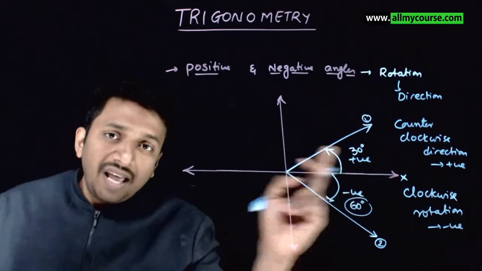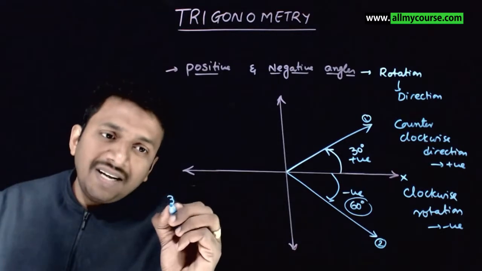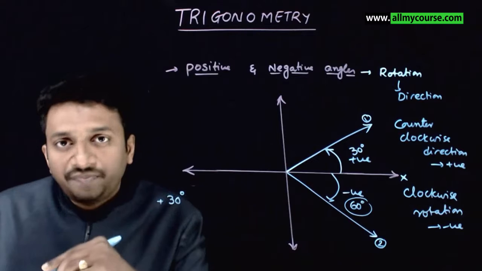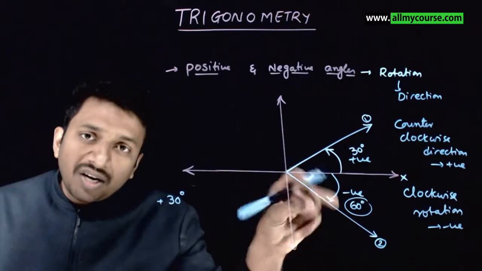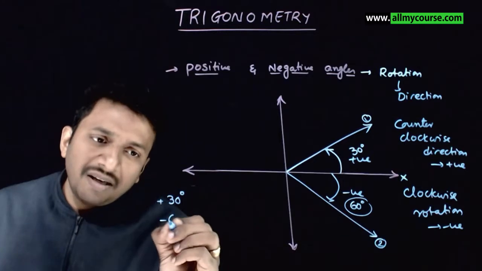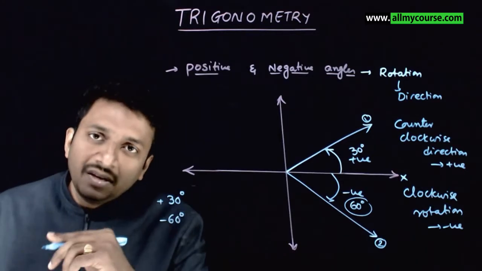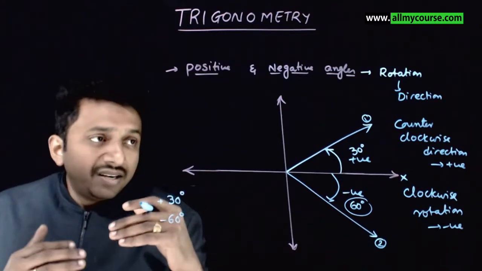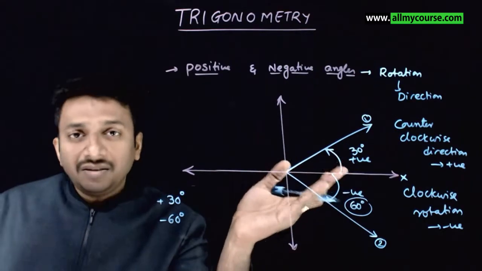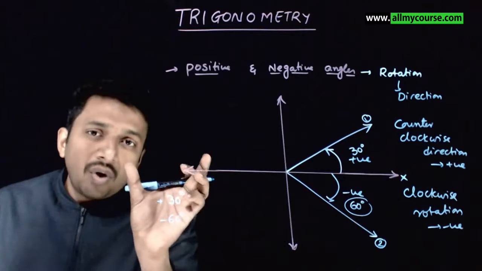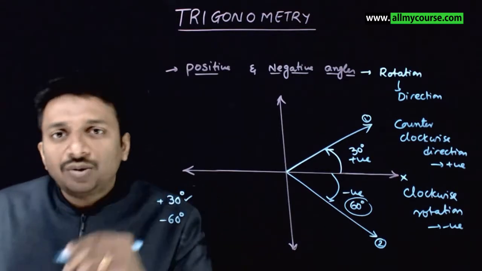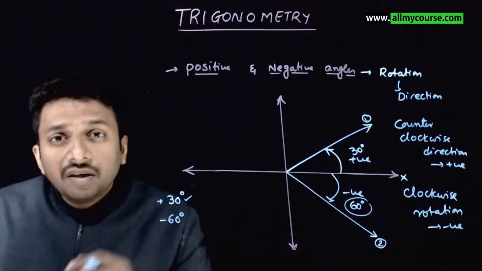So if the ray has rotated through 30 degrees and I don't give a symbol, the default symbol is plus. If the ray has rotated in clockwise direction, I'll give specifically this sign, minus 60 degrees. If I say that the ray has rotated through 30 degrees in counterclockwise direction, that is one way of saying it. If we don't want to use the word counterclockwise, I simply say that the ray has rotated through 30 degrees.